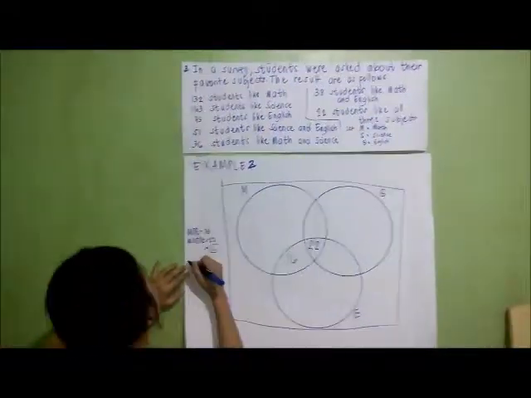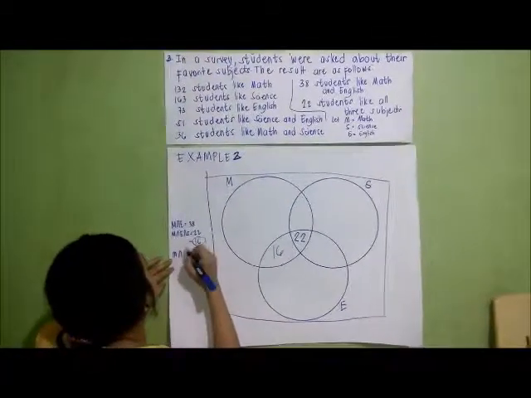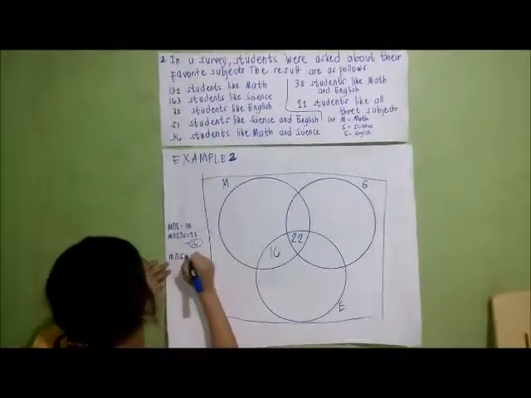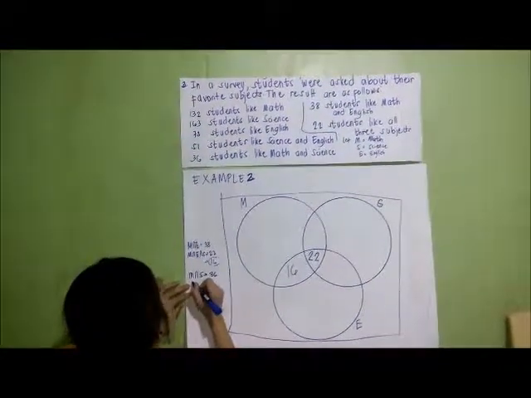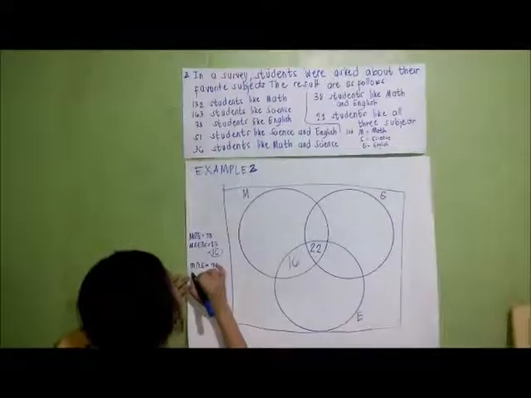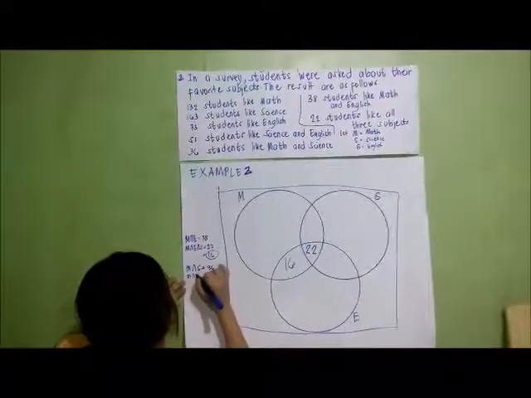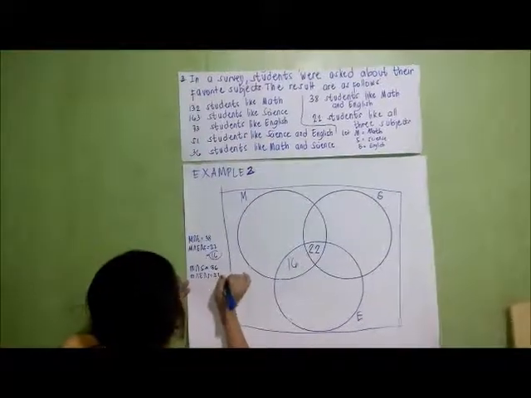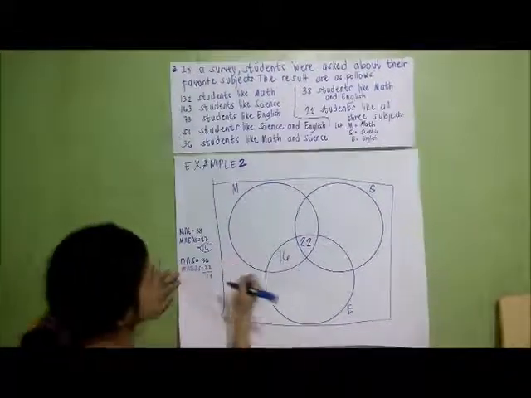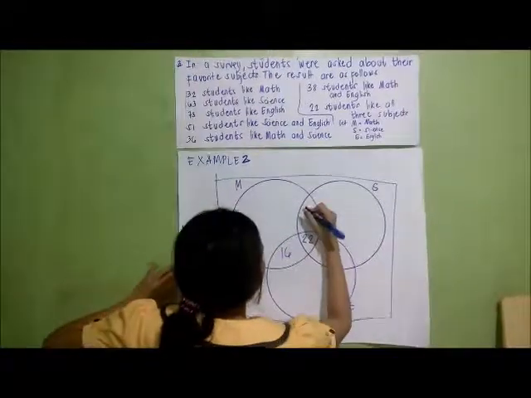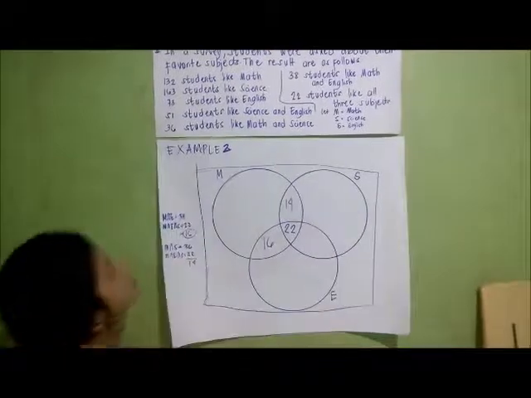So M intersection S is equal to 36 subtracted by the intersection of the 3, which is 22. So 36 minus 22 is equal to 14. So the intersection of set M and set S is equal to 14.